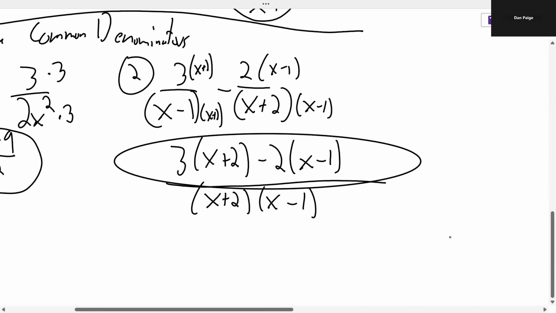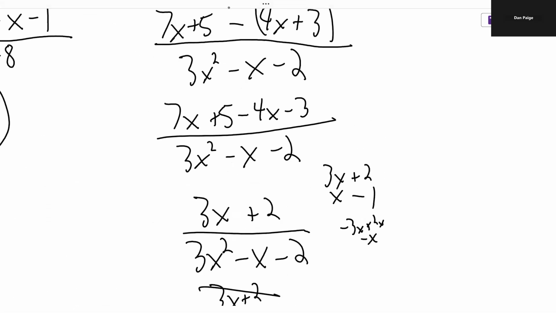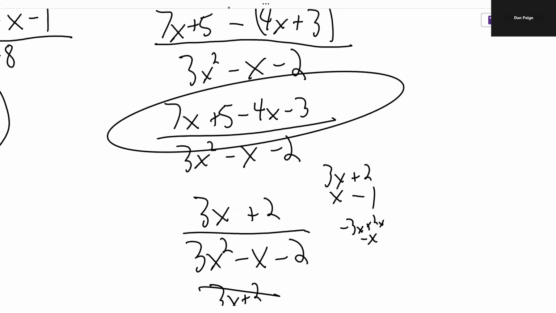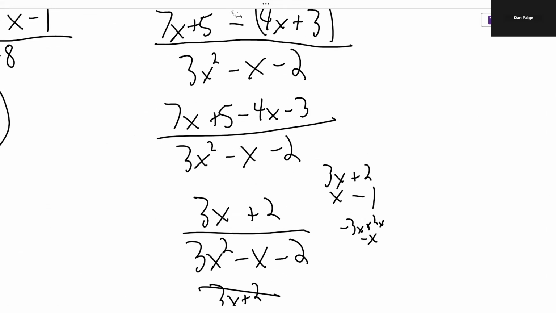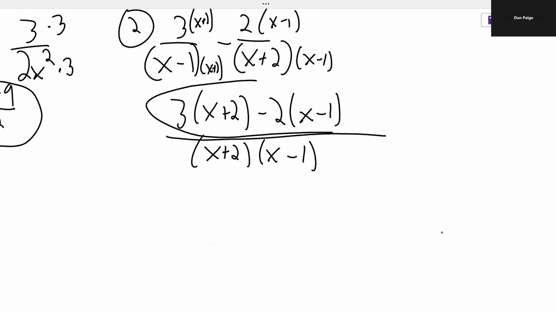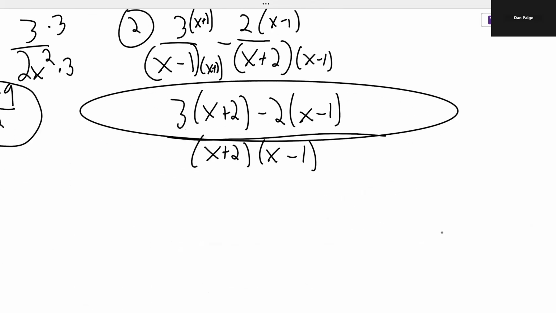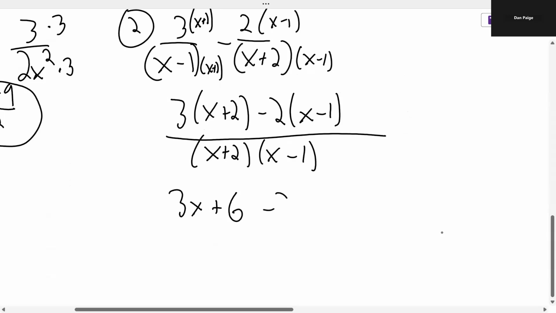Okay, now let's talk about this line right here. Up here with these ones, we would just combine like terms. Think about solving linear equations, right? Do you guys remember what's the step before combining like terms? Distributing. Here, you're just going to distribute and then combine like terms. So we have 3x plus 6 minus 2x plus 2, right?